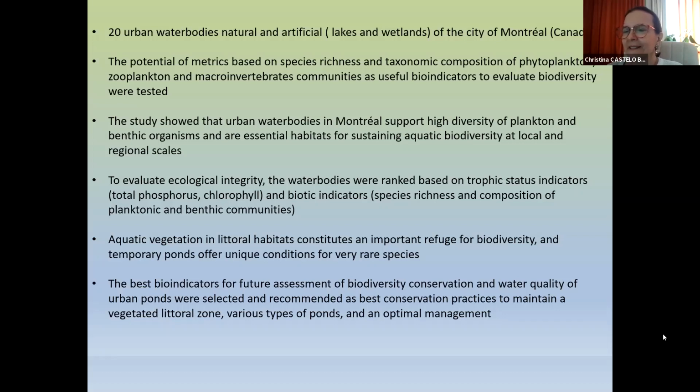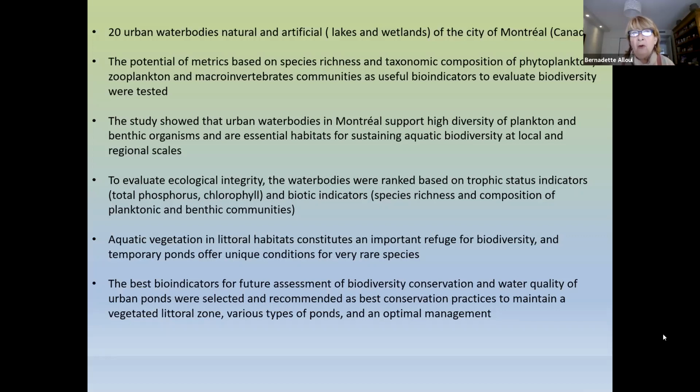We have many ponds and lakes not yet studied. This study began when I attended a meeting of the city of Montreal, where they presented the water quality data from their monitoring, but they were speaking about biodiversity. I said it's not biodiversity, it's water quality monitoring. I could do the biodiversity on the same systems you monitor for water quality. It would be very interesting.